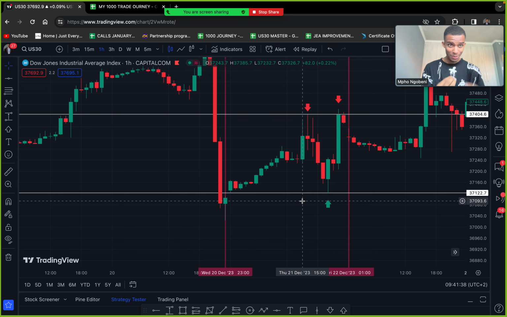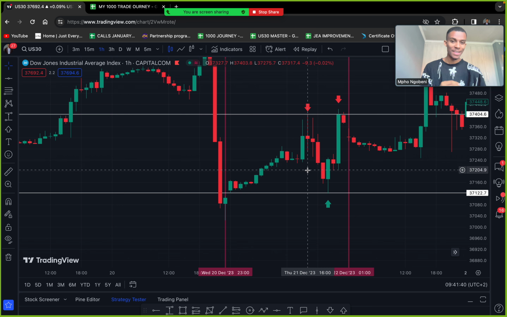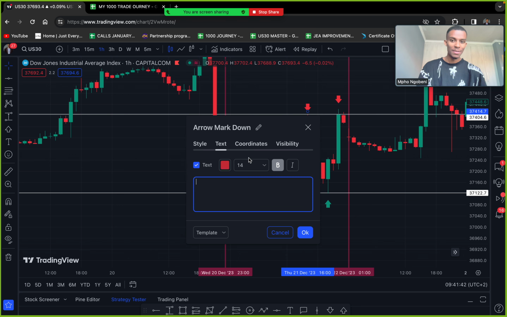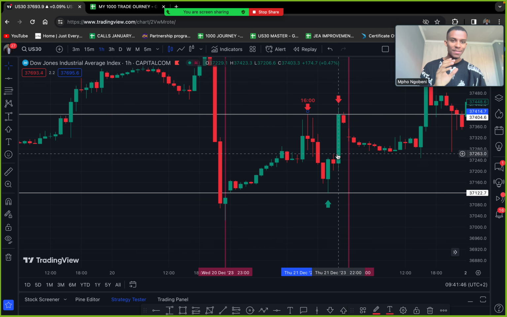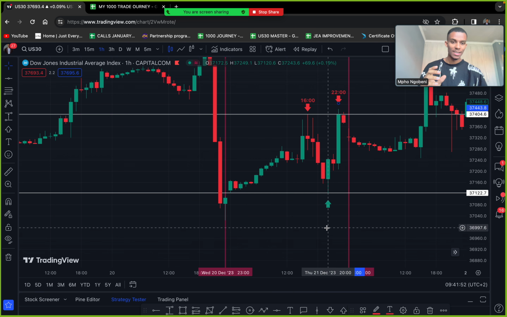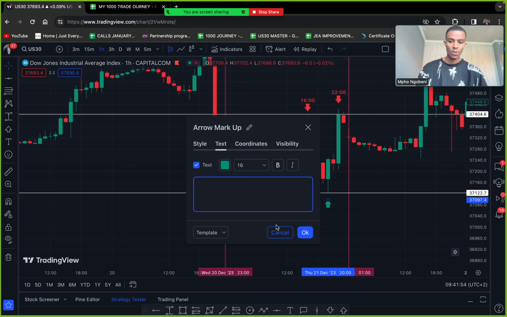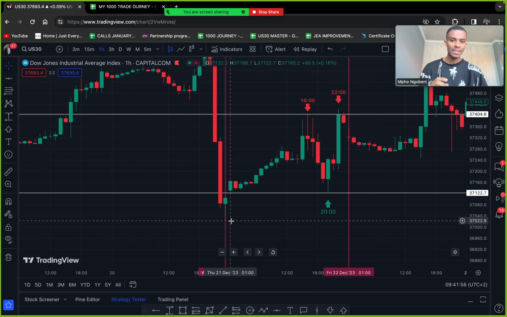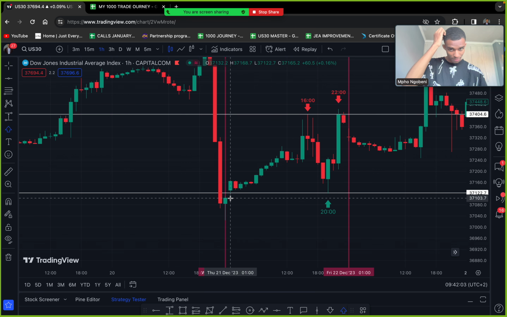Today, particularly, we might receive a high at this particular time, which is 4 o'clock, and then we might receive a high again there, which is at 10 o'clock. There's a very high chance, and then again at 8 o'clock, a very, very high chance it might happen again at 8 o'clock. And we have a resistance there at 1 o'clock.